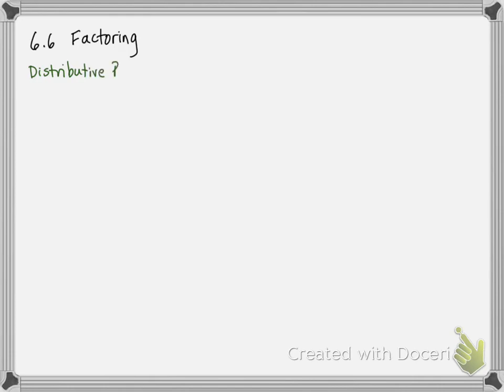Distributive property, the most important property in algebra. Okay, so let's talk about some things that go on with this property. First, there's always multiplication, and that's the guy outside the parentheses being multiplied by the guys inside the parentheses.